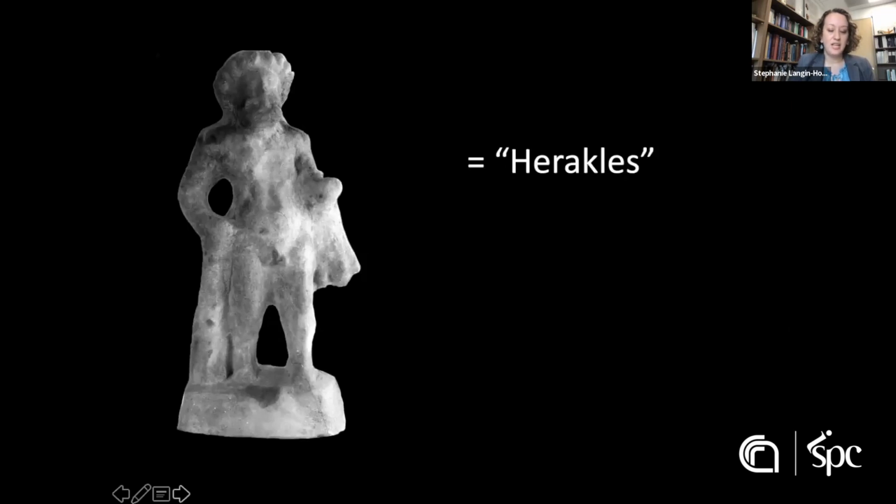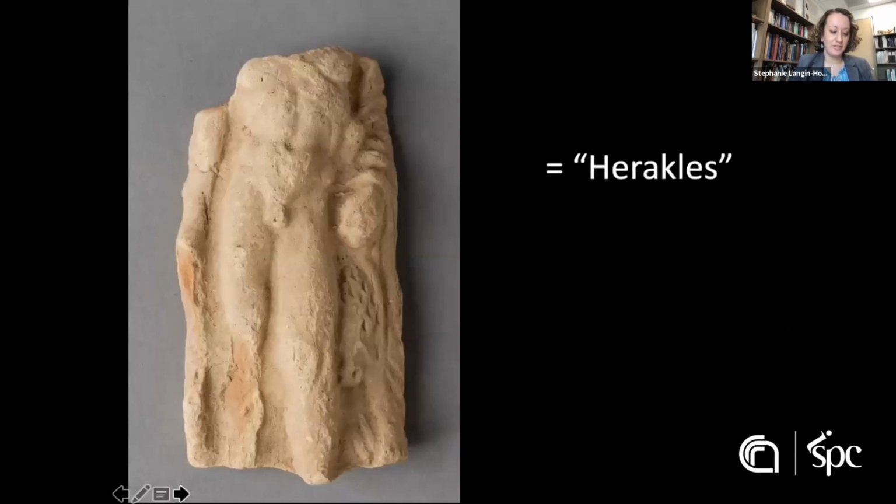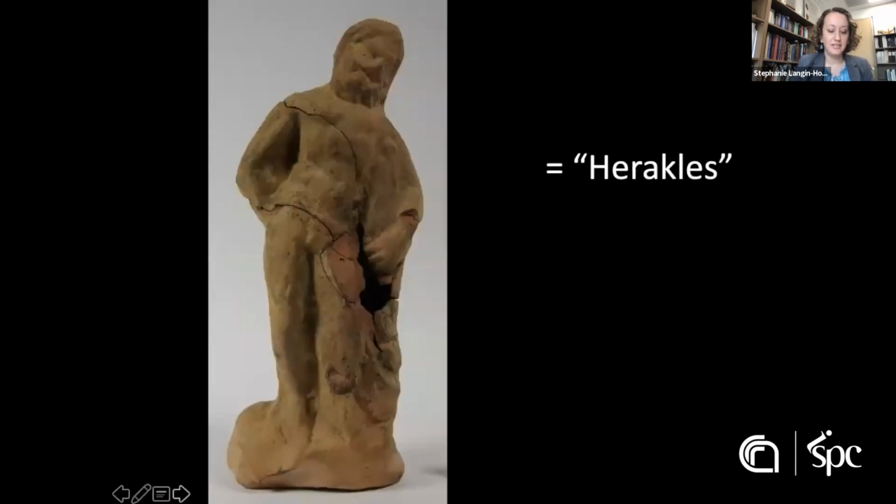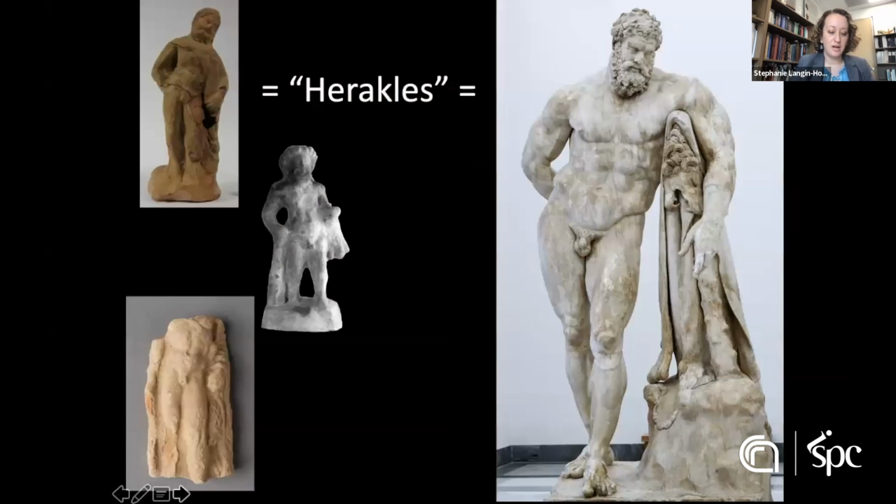The application of labels, such as calling a figurine like this Heracles, or this one Heracles, or this one Heracles, putting names to objects that are not inscribed with names, but we're just interpreting that from what they look like, takes us in this case into the specific realm of Greek mythological tradition, in which the club and pelt become unambiguous visual evocations of the Nemean lion hunt story, and the figurine itself interpreted from the lens of deity worship.